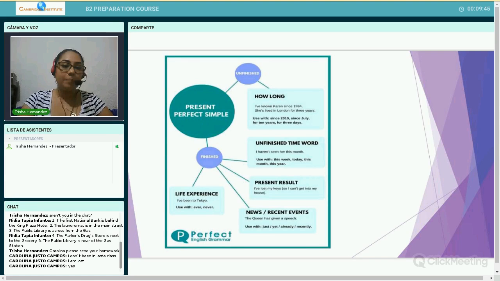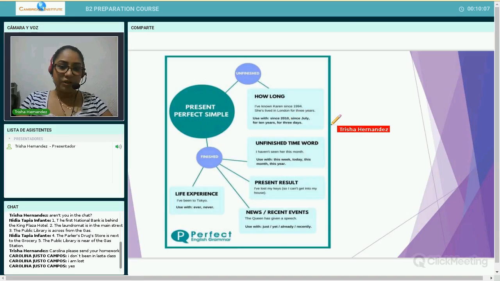The present perfect simple expresses two different kinds of actions: unfinished actions and finished actions. How long? I've known Karen since 1994.